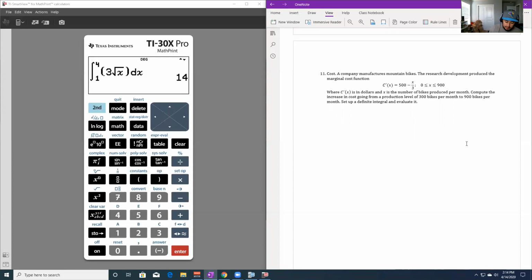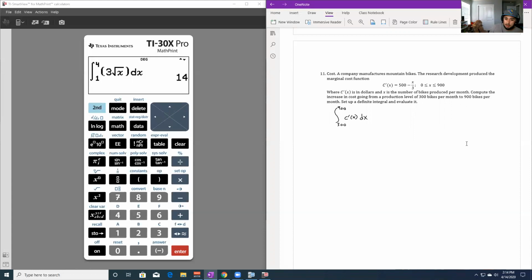Okay. So we want to do an integral of the marginal cost function. Here's our setup. We will have the integral from 300 to 900 bikes of C prime of x dx.